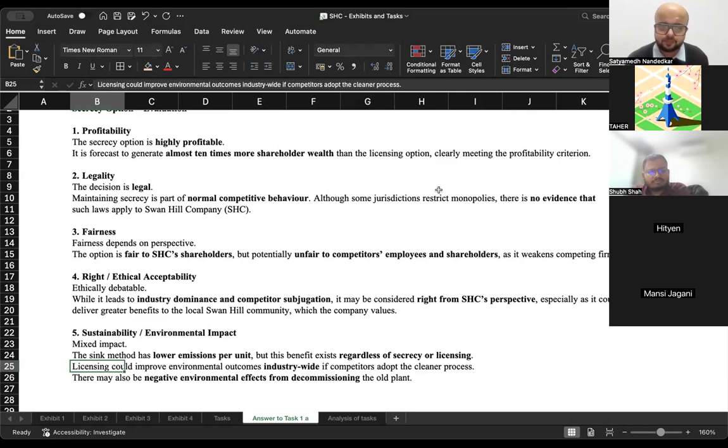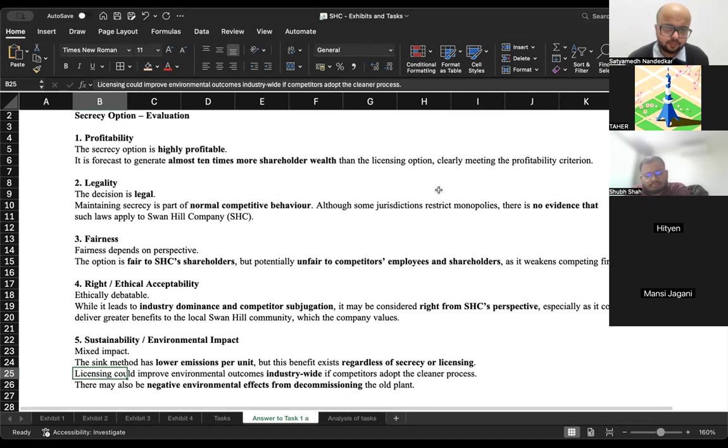Sir, how do we distinguish between the two points, fairness and ethical acceptability? Now, fairness is basically making sure that all of your stakeholders are kept happy. Ethical acceptability is about what you might be doing, which is what Jio did.